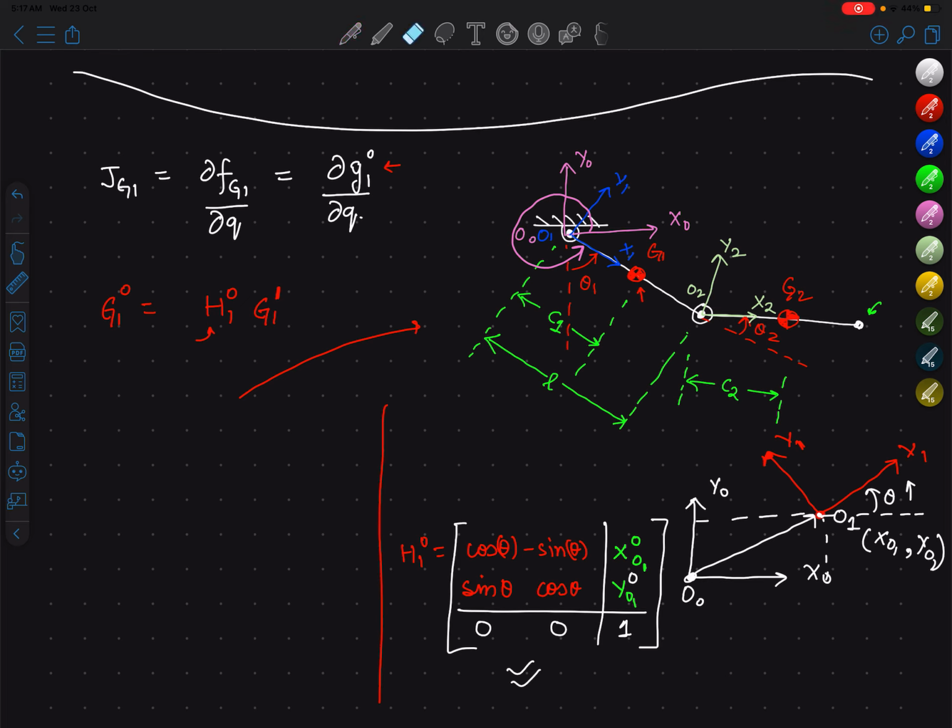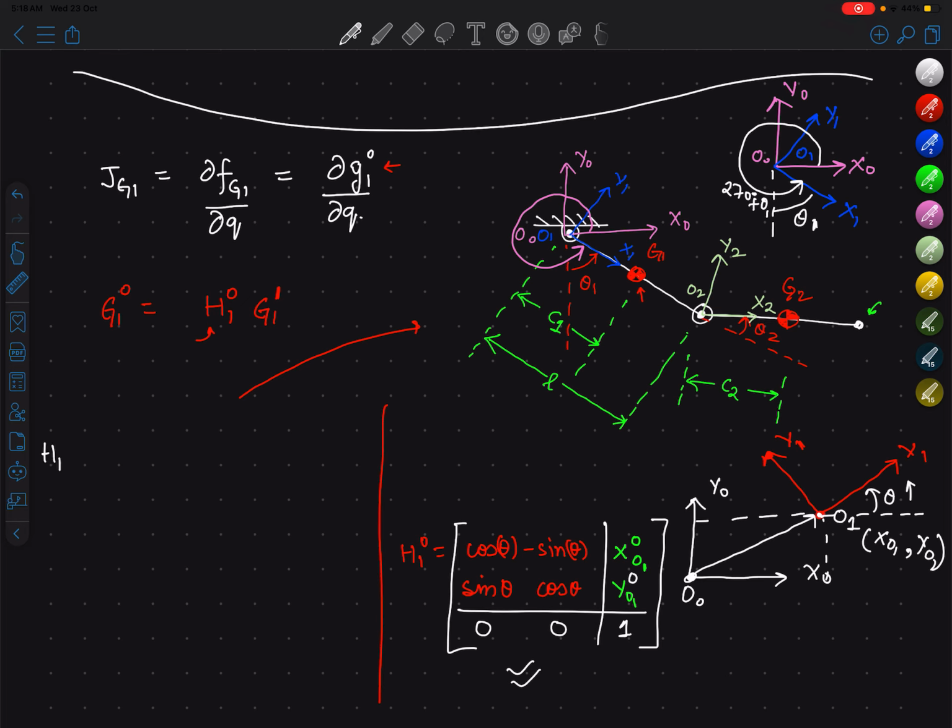Just to make it clear, this is the frame x0, y0, o0, and this is the frame x1, y1, o1. To take the angle, it has to be in the counterclockwise direction, which is by convention the positive. So this is theta 1, and this is 270 degrees, so the whole angle is 270 degrees plus theta 1. So let's write that.